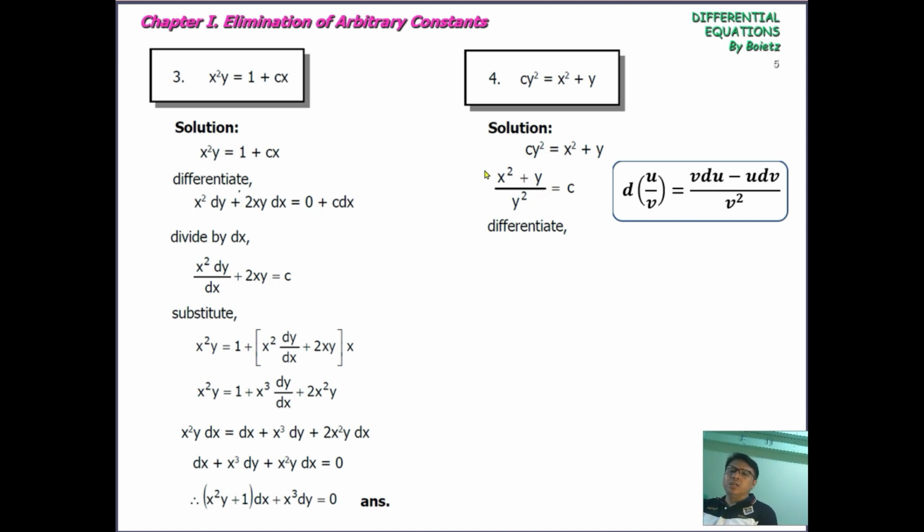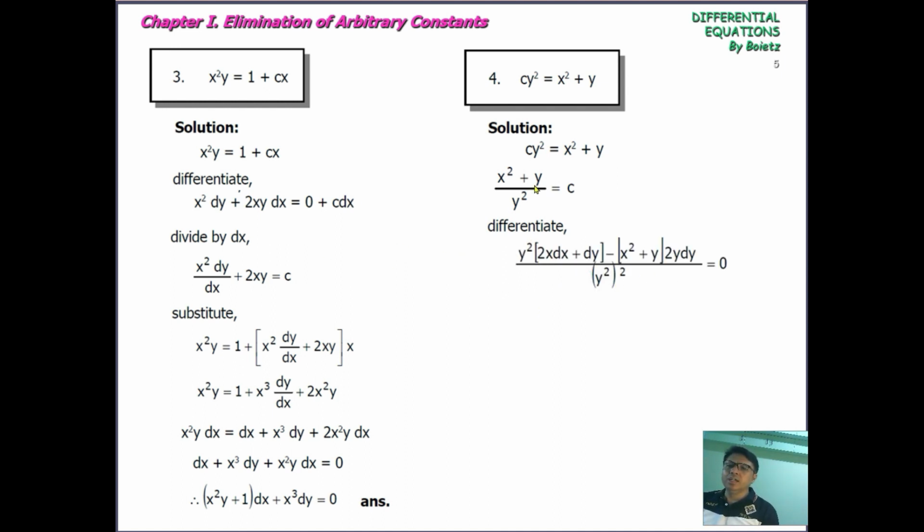Then minus numerator, quantity x squared plus y. Then derivative ng y squared is 2y dy. Ito siya. Okay? All over y squared squared.